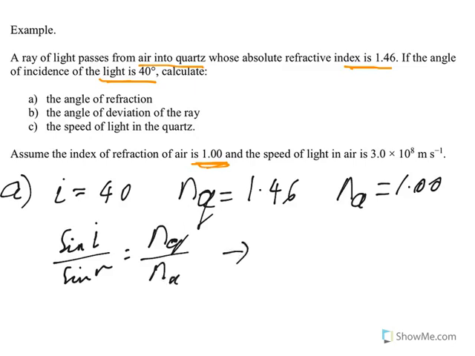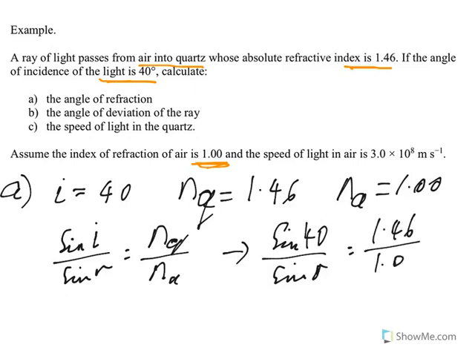So we get sine 40 over sine R equals 1.46 over 1. Then with a bunch of rearrangement, we get that the angle of refraction would be 26 degrees.